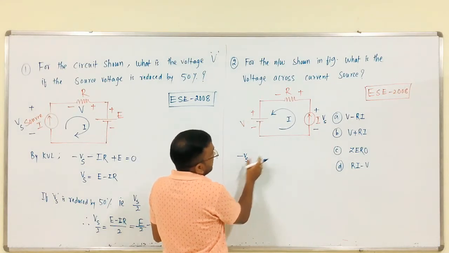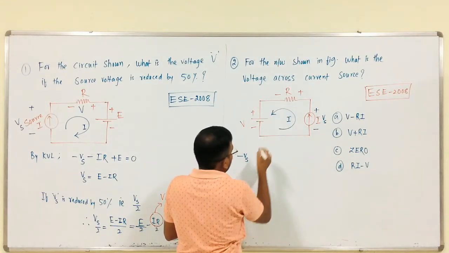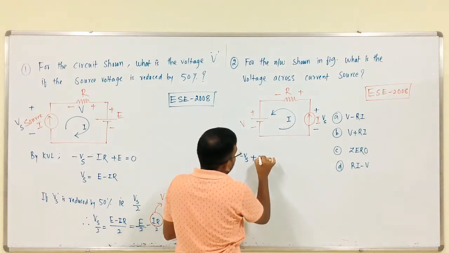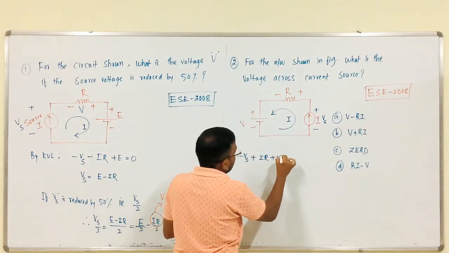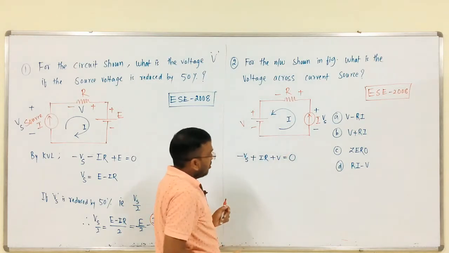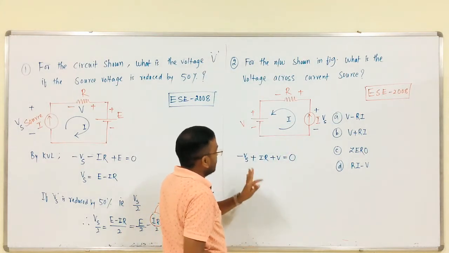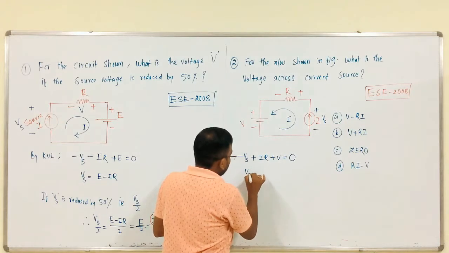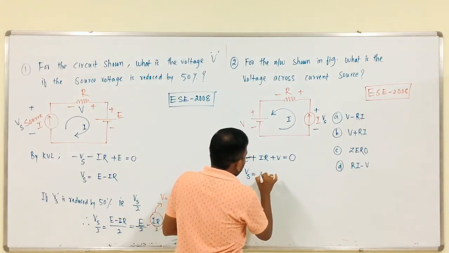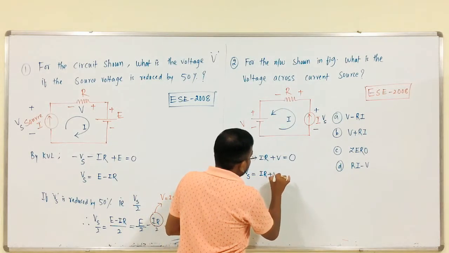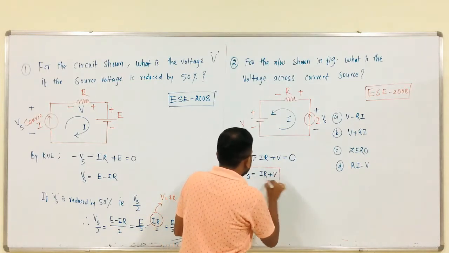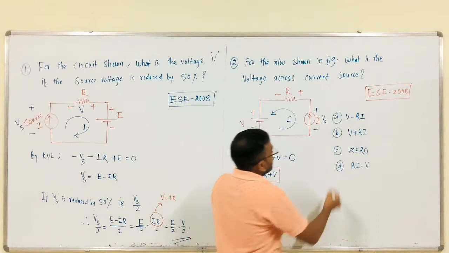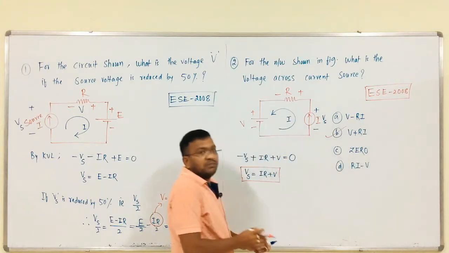Minus Vs, positive to negative, plus I into R, again positive to negative, plus V is equal to 0. Algebraic sum of voltages in a loop is equal to 0. From this, V is equal to IR plus V. This is option B, correct.